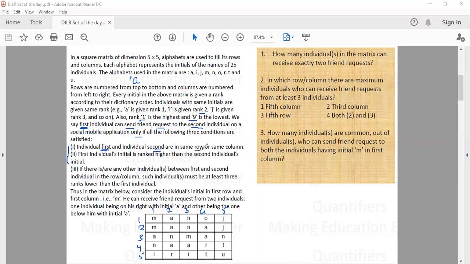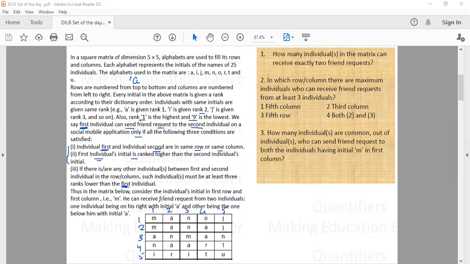They should be in the same row or same column. The first individual's initial is ranked higher than the second individual's initial. And if there is any other individual between the first and the second one in the row or column, then such an individual must be at least 3 ranks below the first individual who is sending the friend request.